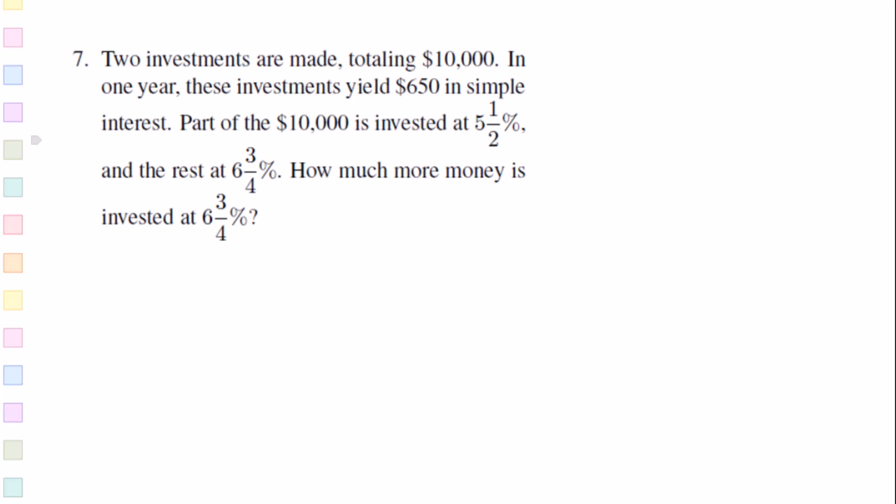Part of the $10,000 is invested at 5.5%, and the rest at 6 3/4%. How much more money is invested at 6 3/4%?